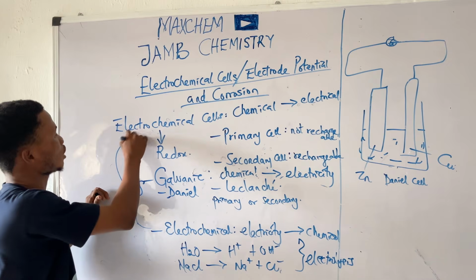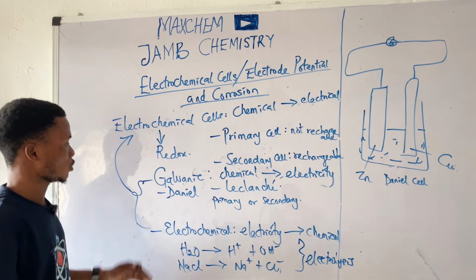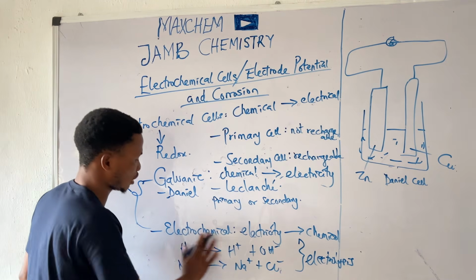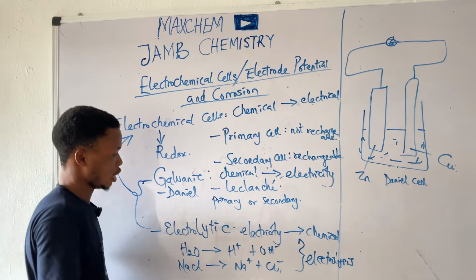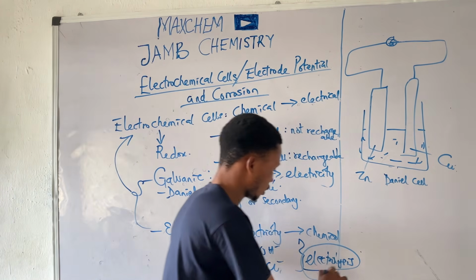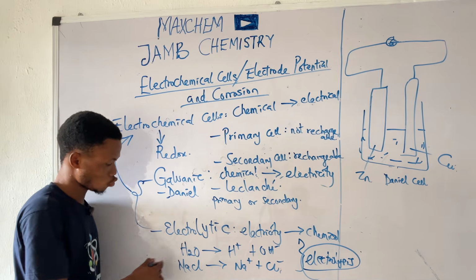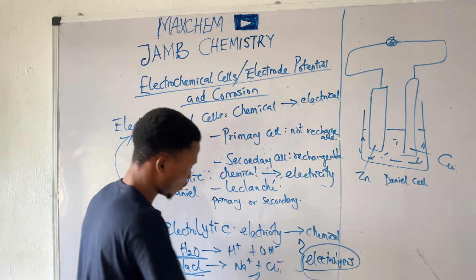So electrochemical cells, we have the galvanic cell and the electrolytic cell. The electrolytic cell uses electrolysis to decompose a chemical substance in its molten form.